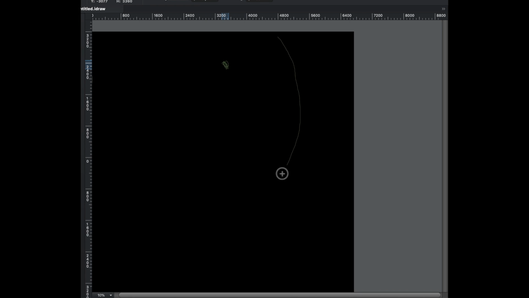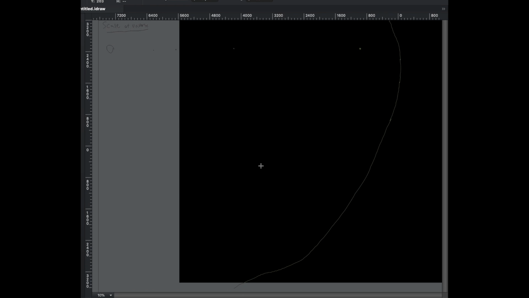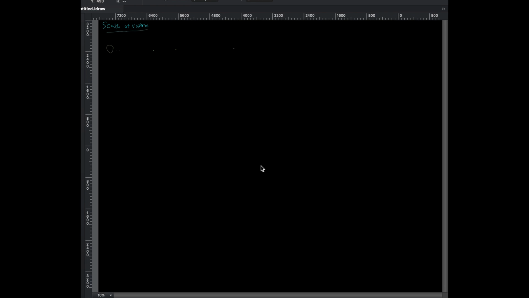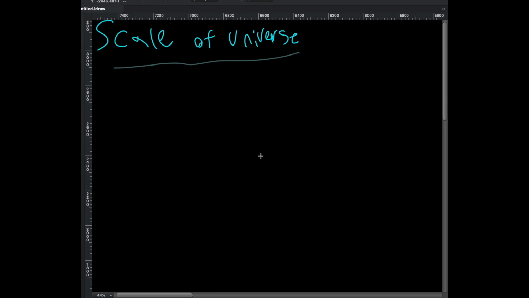And the Kuiper Belt ends maybe over here at the end of the screen. So obviously we have to zoom out to get to the scale of the universe. Okay. Okay, let's zoom in again. Where's that? There it is. Okay. So let's try that again.